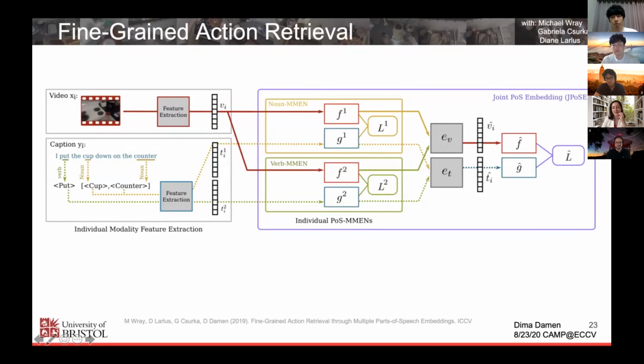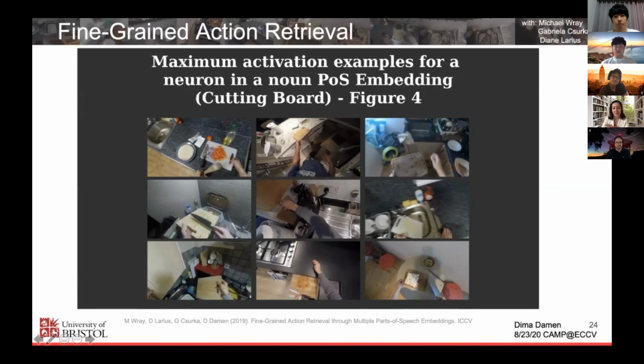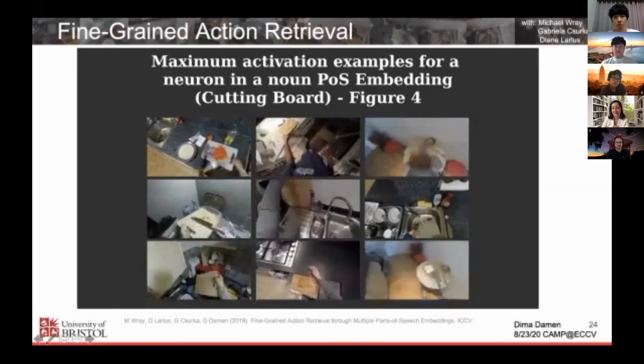What this gives us is really interesting. We're looking here at the maximum activation example. So we have a neuron in the noun embedding space, and we're looking at which videos activate that neuron the most. You'll see more examples in the paper. But you'll see that you have examples of the chopping board in different actions being embedded close by in this noun space.